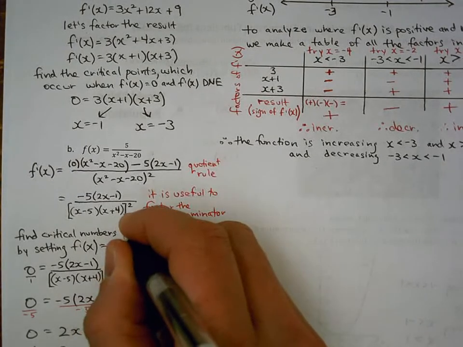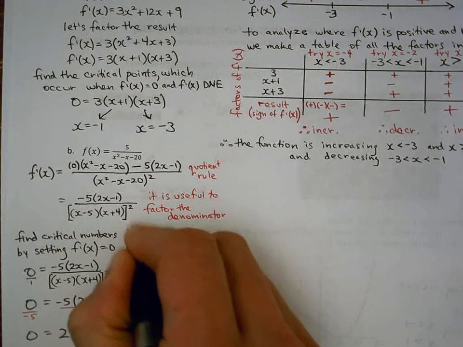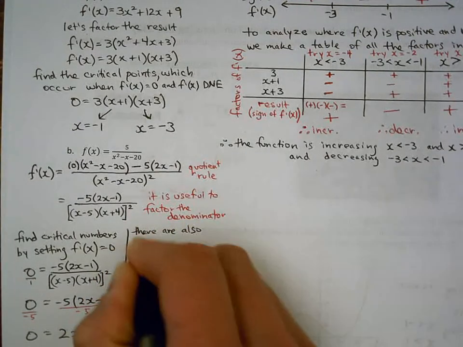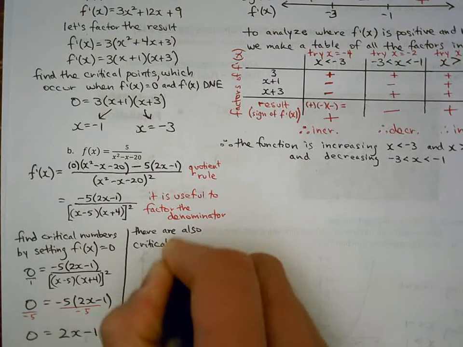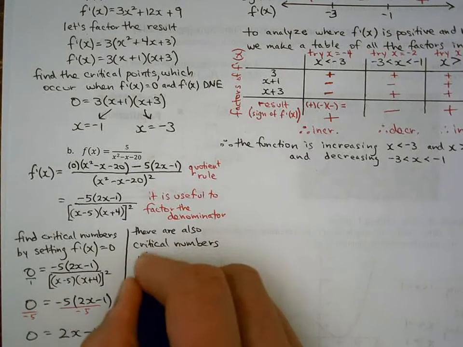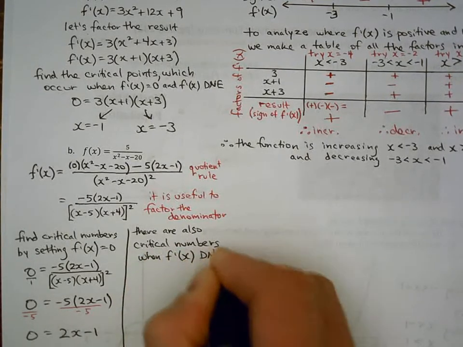So to find the other critical points, I'm going to do another calculation over here. There are also critical numbers when f prime of x does not exist.